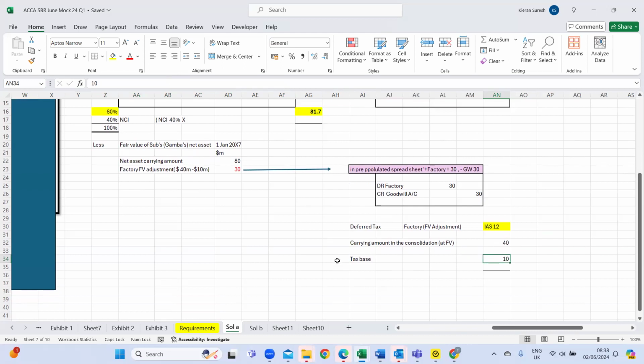The tax bill was computed thinking that we only have 10 million worth of factory. Suppose you sell that factory in the near future, how much money would we receive? The tax base would consider only the 10 million as the cash we would get in future, and the tax would be computed thinking that in future we would only get 10 million in proceeds from selling this factory or using it in our business.